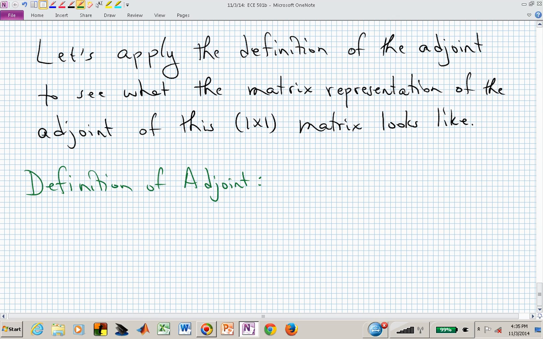And the definition of the adjoint gives us what?